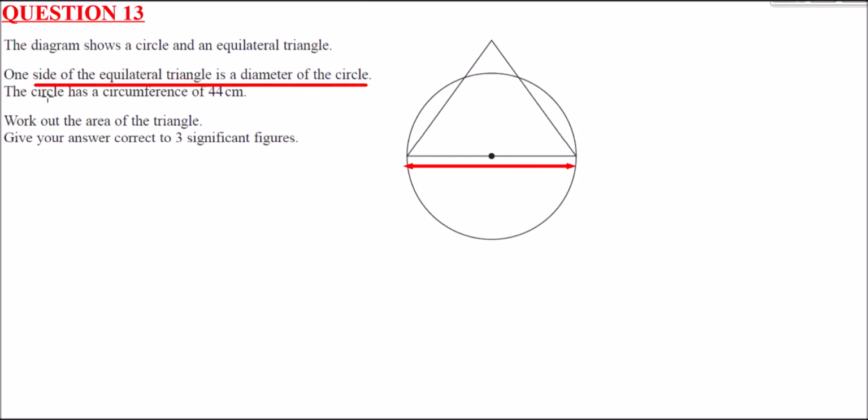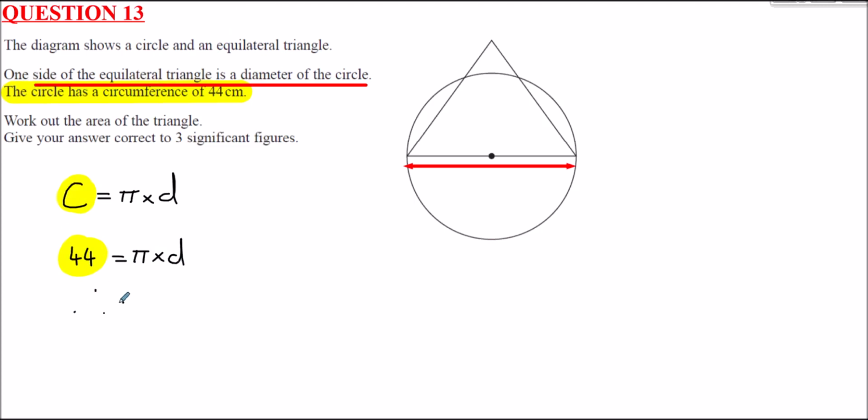We're also told that the circle has a circumference of 44 centimetres. Well, the circumference is the same as pi multiplied by the diameter of the circle. Okay, so if we plug in these values, we're told that the circumference is 44. So 44 must equal pi multiplied by the diameter of this circle.